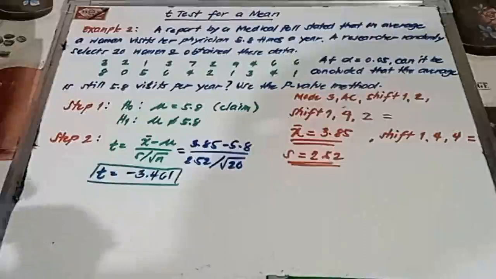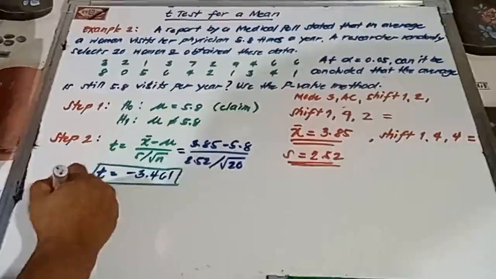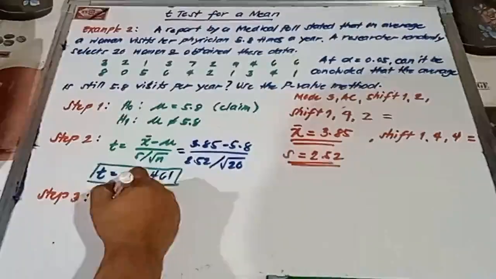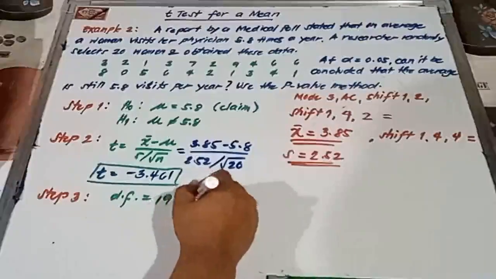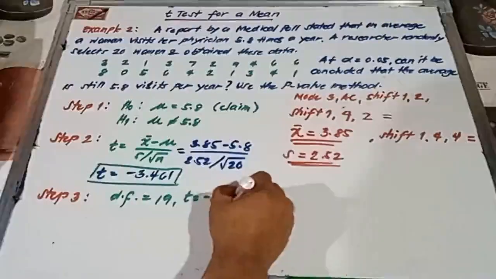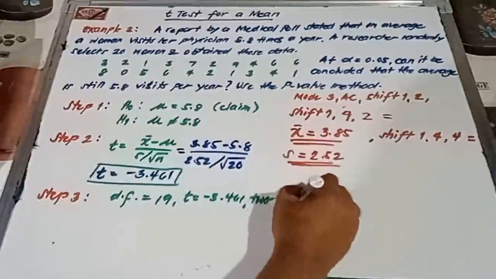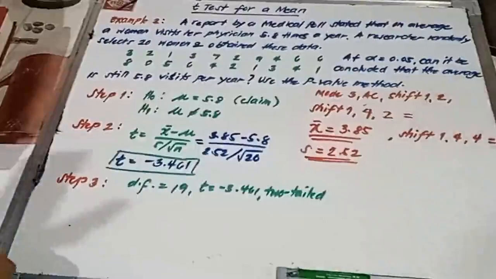The next is step number 3. Kunin natin yung p-value. Okay, gamit yung table natin, degrees of freedom natin ay 19. Okay? Then, ang t-value natin is negative 3.461. This is two-tailed. Ano yung probability value niya? Titingnan natin ng table.